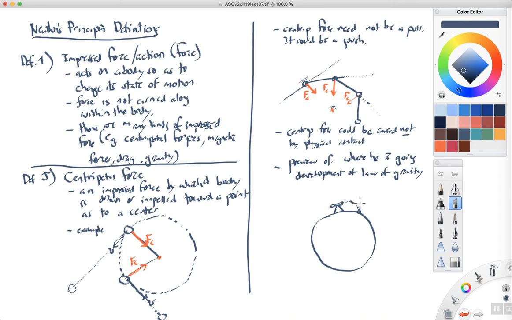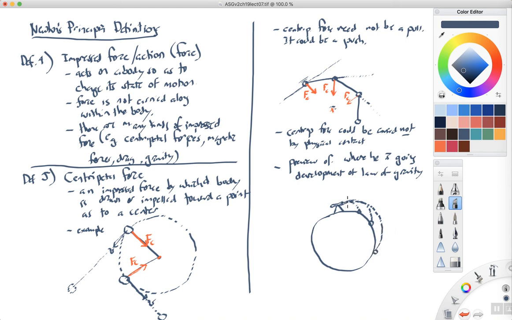Okay, but here's where Newton has an interesting thought. He says, what if you were to shoot this farther, and as it's falling, well, the Earth is kind of curved, so it's going to go a little bit farther, and the path is not going to be exactly parabolic anymore. And let's suppose you shoot it even farther, and it gets really far, and then it hits the Earth over here.